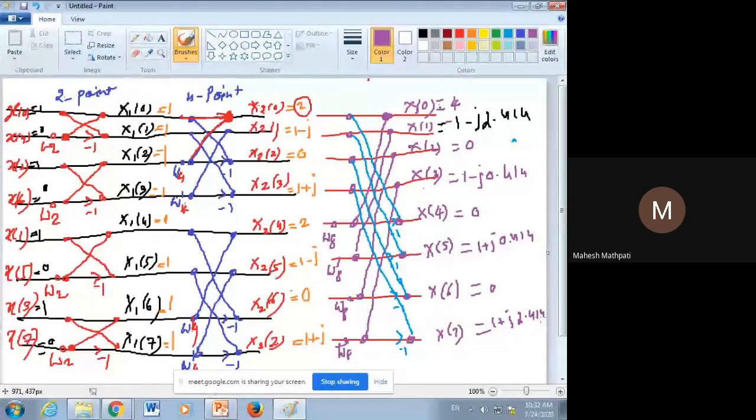You noted the question? Please read, anyone. Compute the 4-point DFT of the sequence x of n is equal to 1010 using DIT FFT radix 2 algorithm. Okay. Can you do this? Yes, sir. Okay, just try for that. Let's see how many of you will do it correctly.